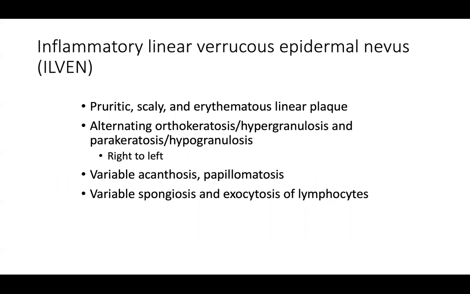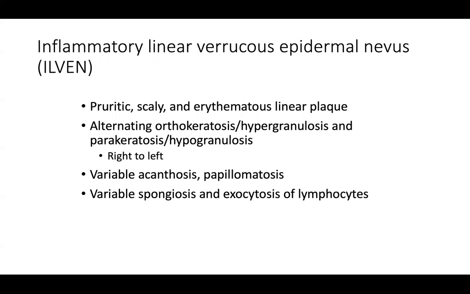Inflammatory linear verrucous epidermal nevus is a kind of subtype of epidermal nevus. It presents as very pruritic, scaly, and erythematous linear plaques. On histology, you'll see alternating orthokeratosis and hypergranulosis with parakeratosis and hypogranulosis. If you go from left to right, you'll be able to see that transition.